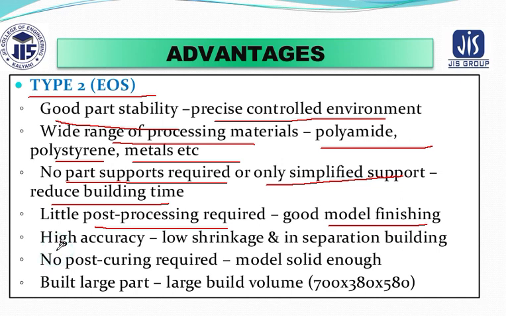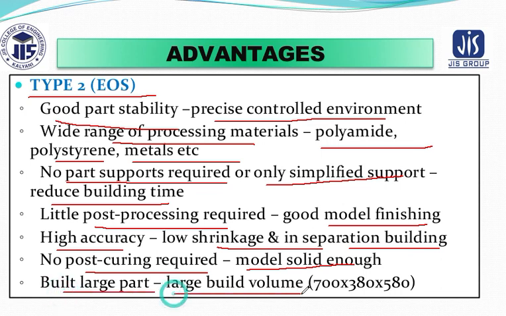The accuracy level is high, and there is low shrinkage in separate building also. Now no post curing or post hardening is required, as the model is solid enough. It can build large parts; if I consider the large build volume, it is 700 x 380 x 580. This is the particular volume they can generate.